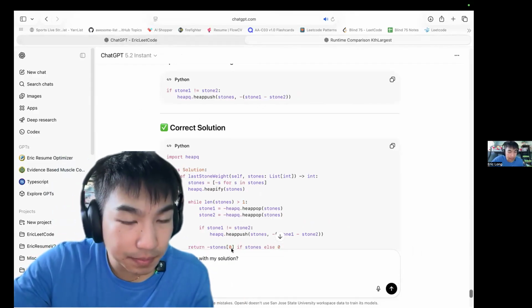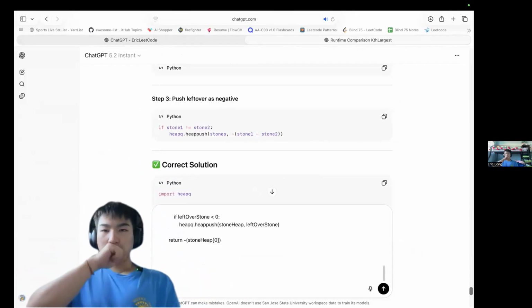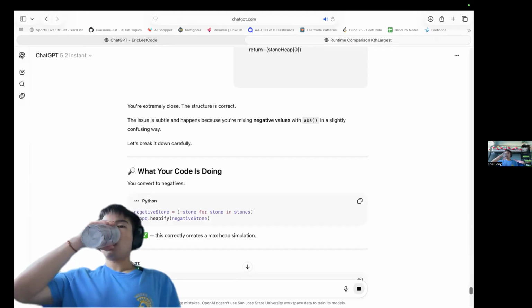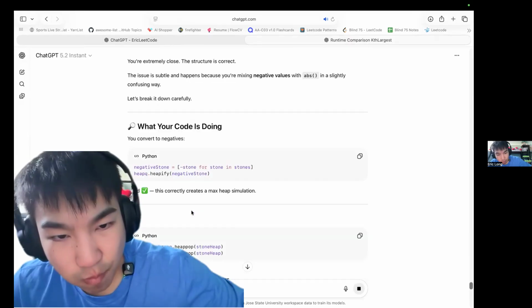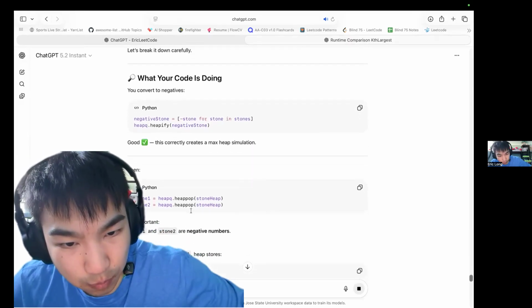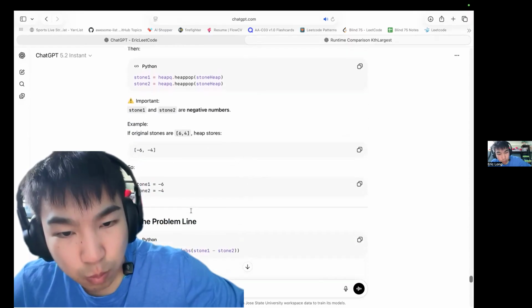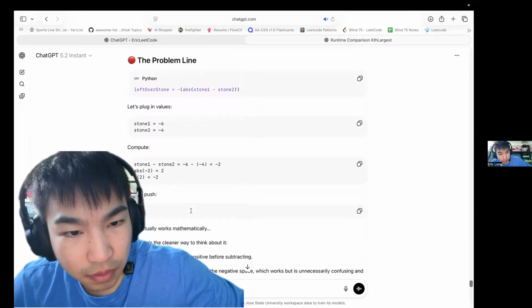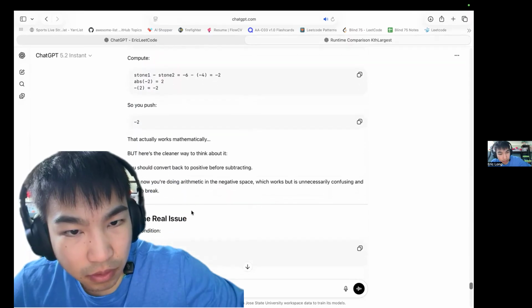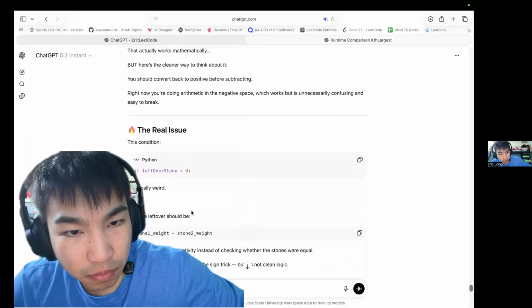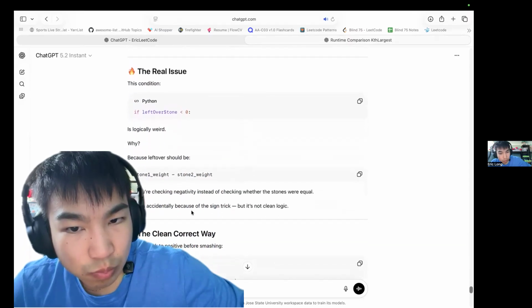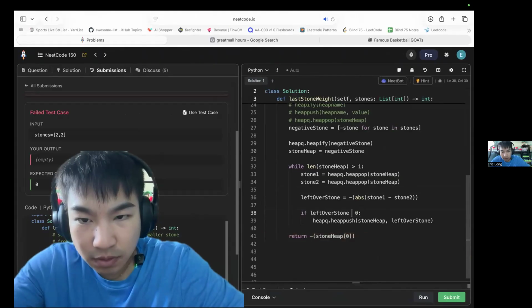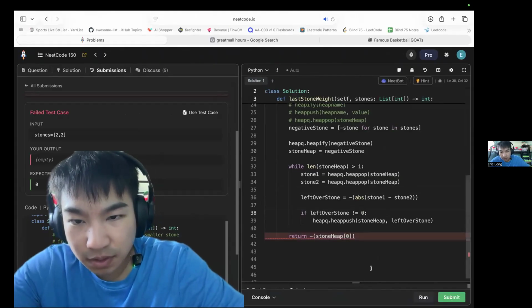Not 0. As long as it's not 0, it should work.